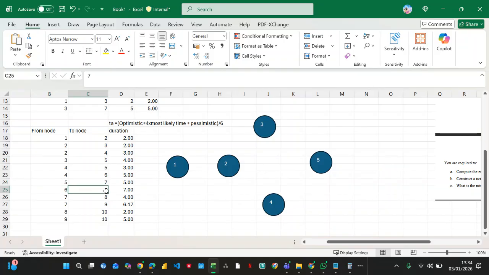So from 5, I go to 7, and then from 6, I also go to 7. So let's assume I have my 7 somewhere here. So I have my 7 here.